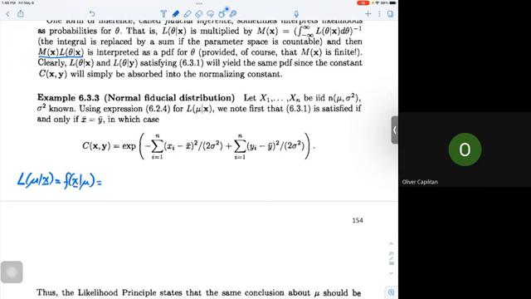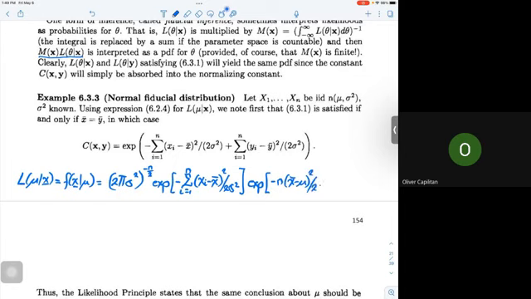We have 2 pi sigma square, I'll just write it here, to the negative n over 2, times the exponential of the negative summation of x sub i minus x sample mean square, i from 1 up to n, divided by 2 sigma square, and then times the exponential function of negative n times x bar minus mu quantity square divided by 2 sigma square. Okay, this is the expression in 6.2.4.